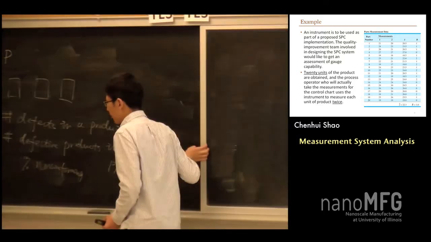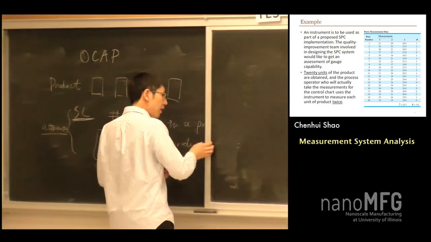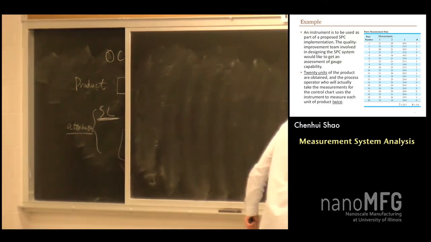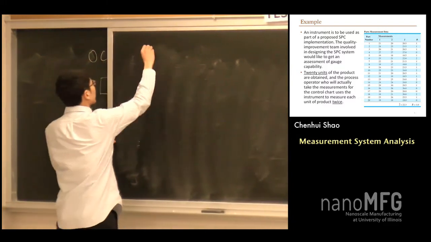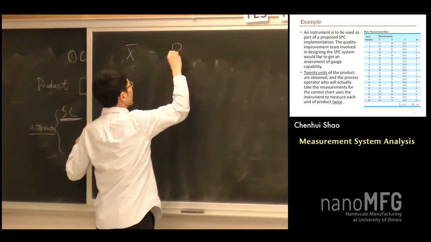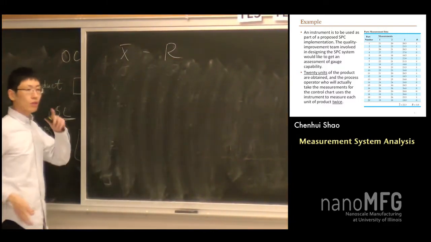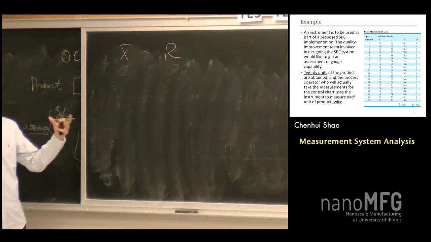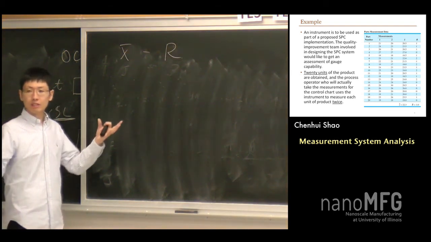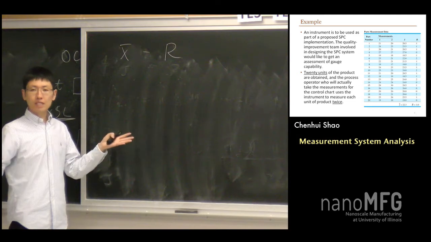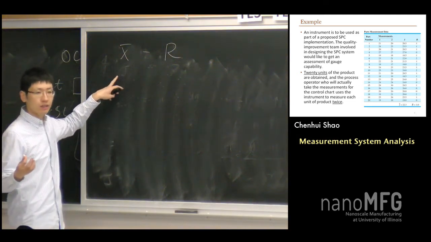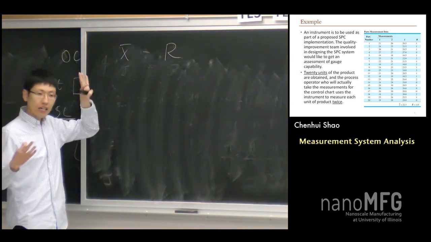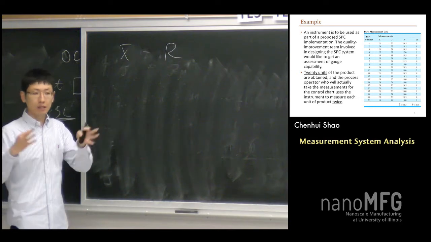X bar R bar. So in the X bar R chart, we use X bar to monitor one type of variability, which is between samples. What is X bar? Between sample, right? X1 bar, X2 bar, how different they are. That's all we're doing.